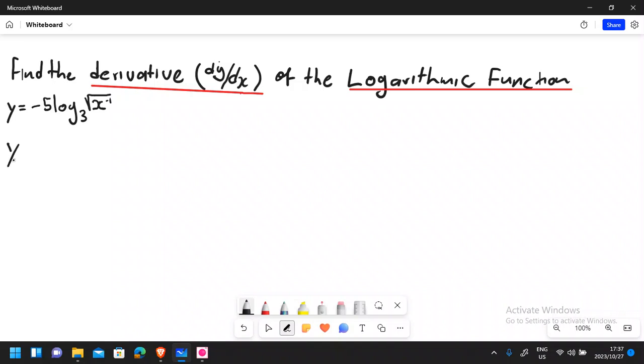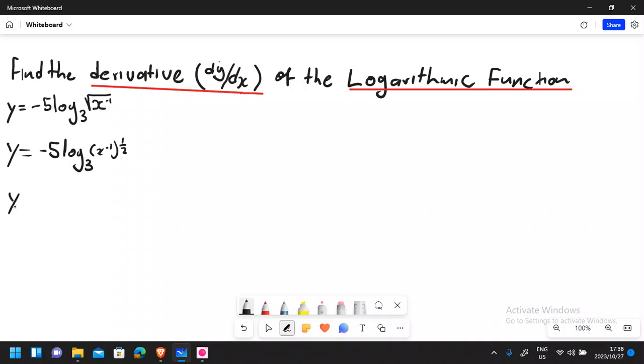So y is equal to -5, no problem there, and then log base 3 of x to the power of -1, and we know that the square root is the power of a half.